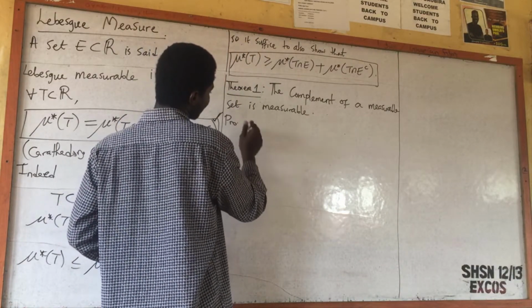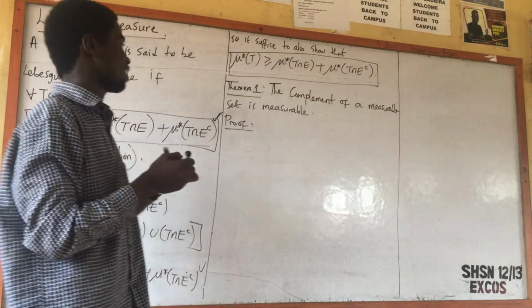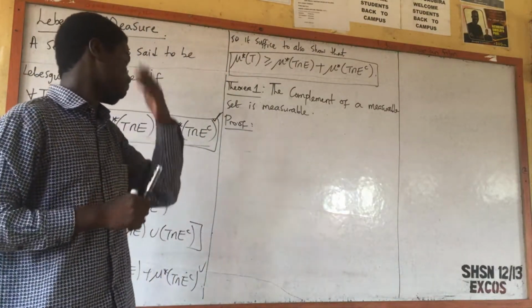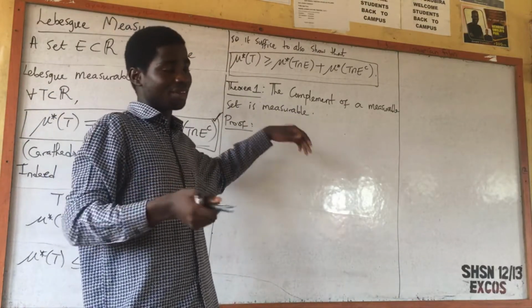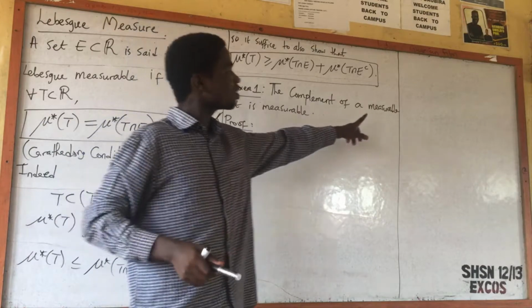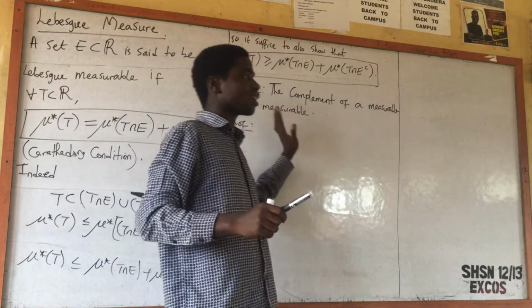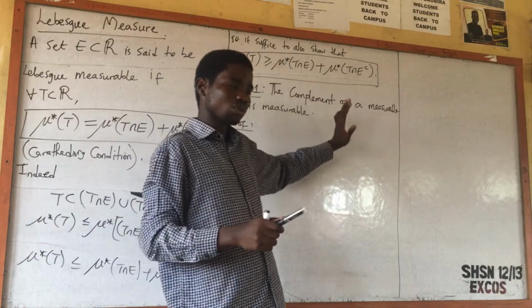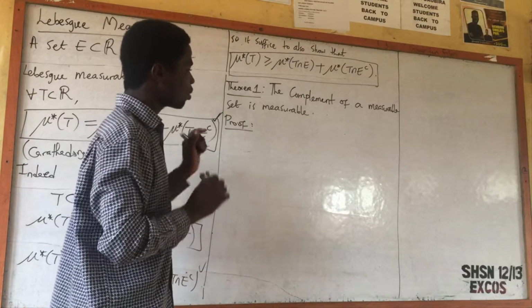When you see measurable, we mean Lebesgue measurable, so I will not be writing Lebesgue measurable every time. The complement of a measurable set is measurable means that the complement of a Lebesgue measurable set is also a Lebesgue measurable set. Now we want to prove it.